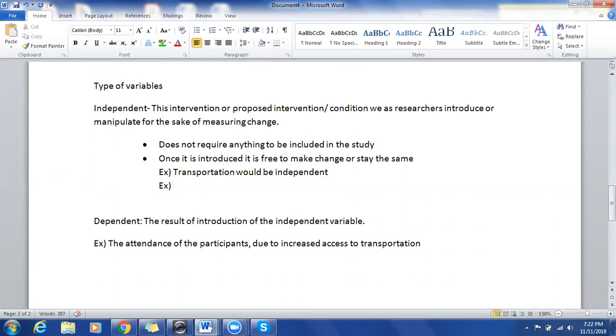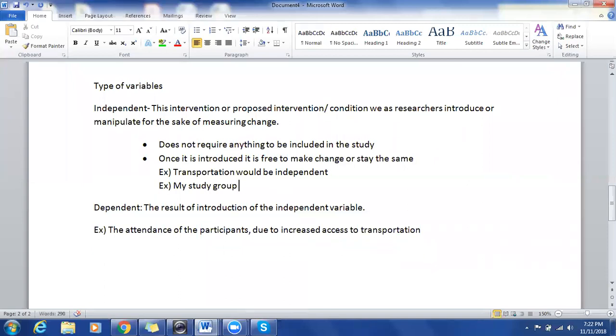The independent variable here would be the study group, because it's something that I'm introducing to other people to try to provoke change. In that example, if you would like to type in the chat what you think the dependent variable would be.